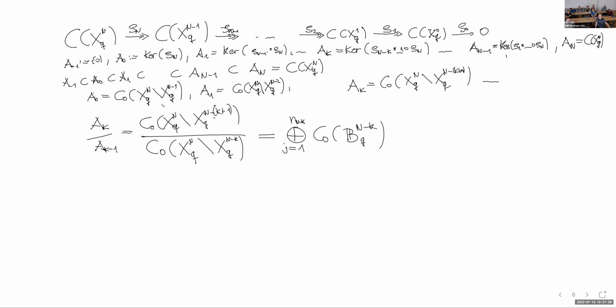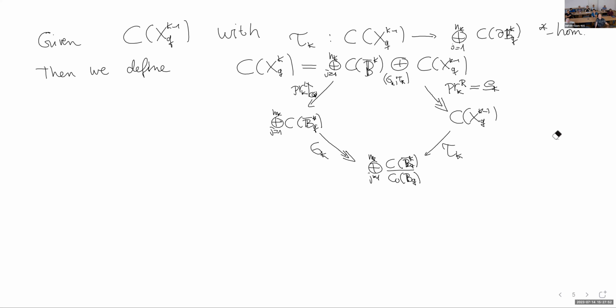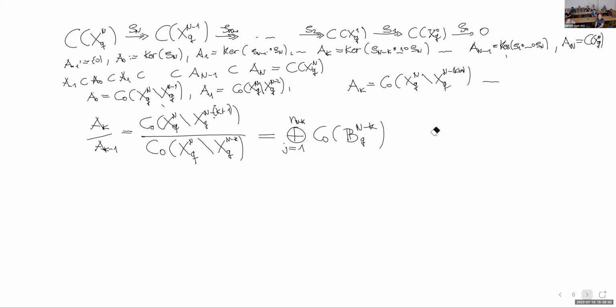What is j? j runs up to the number of balls we have been gluing. But in your previous one, did I forget my sums? Where do you have it? Here. Okay, that's okay. Thank you, Elmar. We just don't remember everything. You're right.